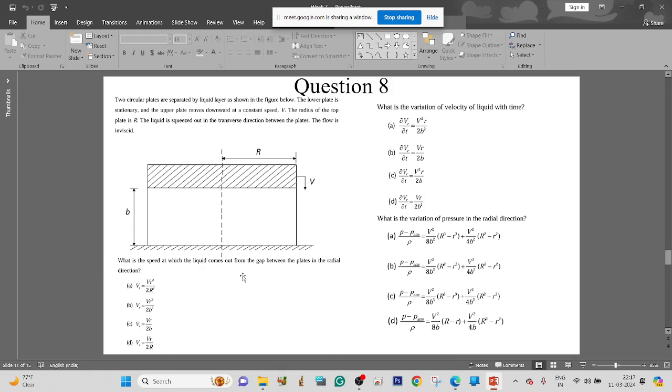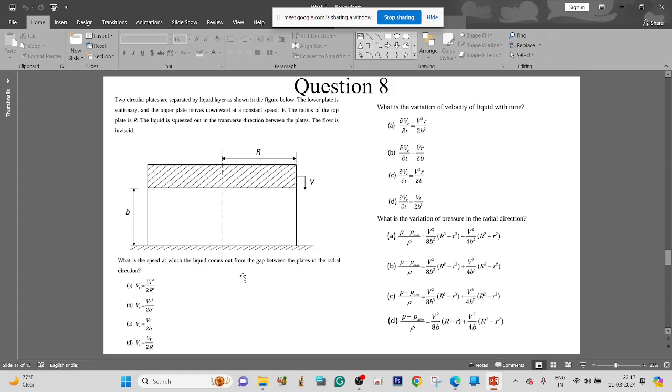We'll take the 2 points on the same horizontal streamline, so there'll be no difference in height. So we'll put the values for V1 and V2.